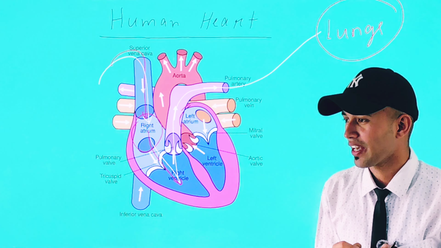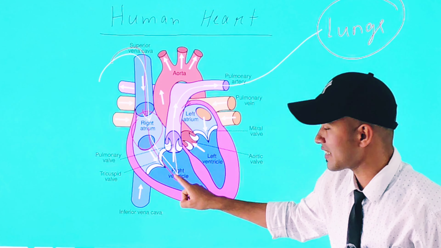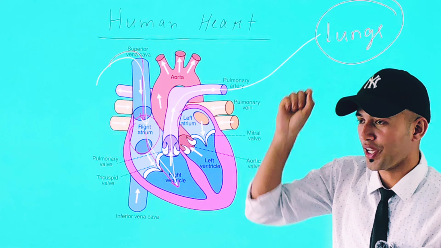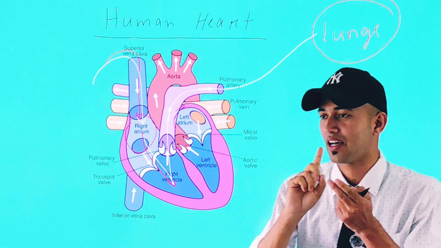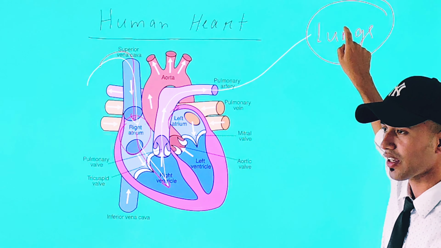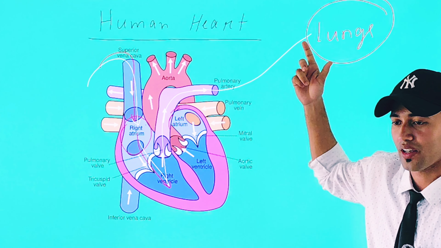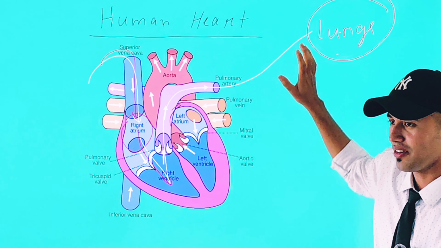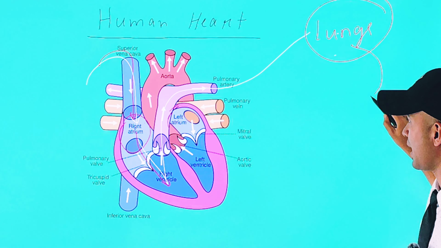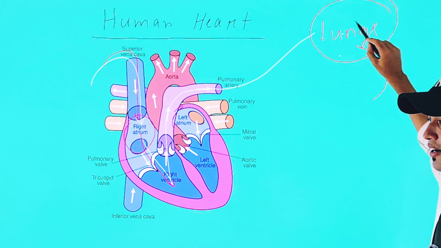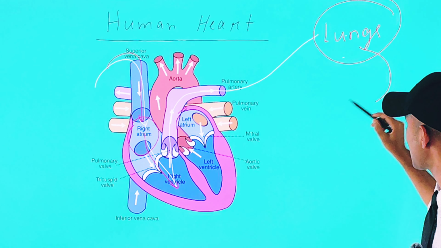Oxygenated blood. This blood contains carbon dioxide, and we know the exchange of gases between carbon dioxide and oxygen takes place in the lungs, where? Alveoli.